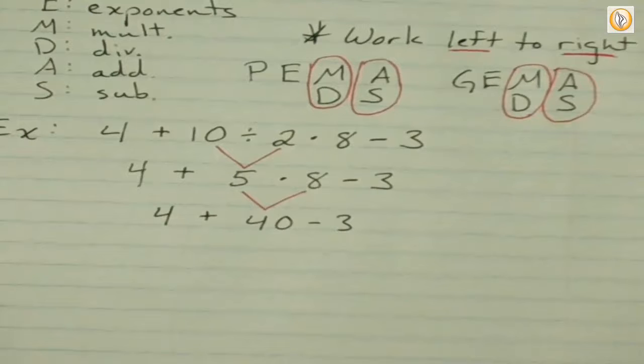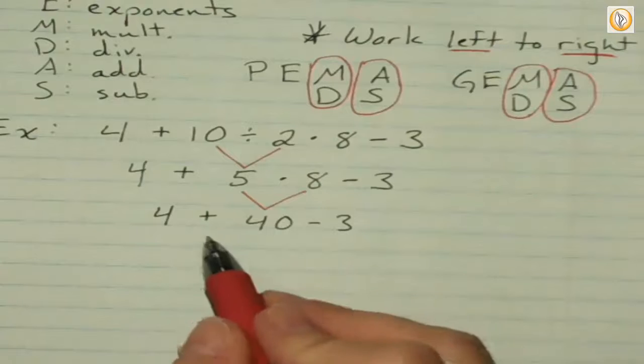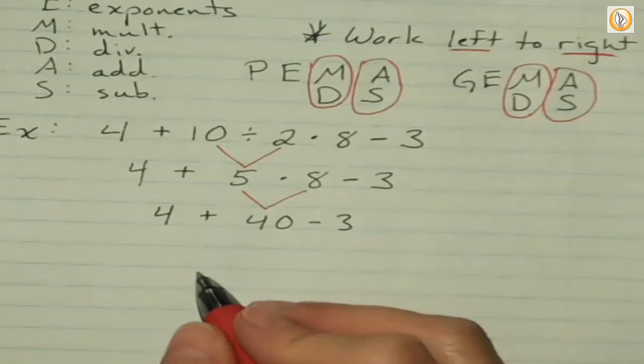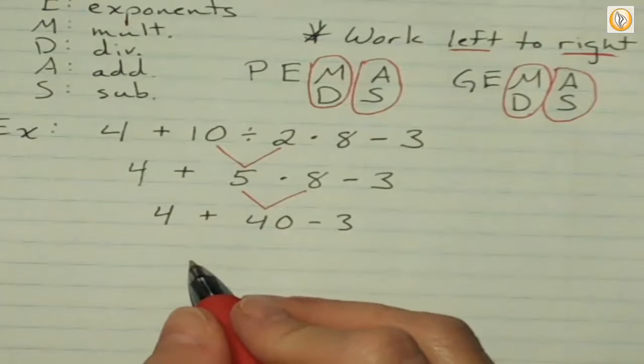Madeline, what do I do next? Do I do adding or subtracting? I wrote it wrong in my head. You wrote it wrong in your head. Sorry, my handwriting messed it up. I thought it said 80 for a second when I looked at my paper, because my handwriting was messed up.